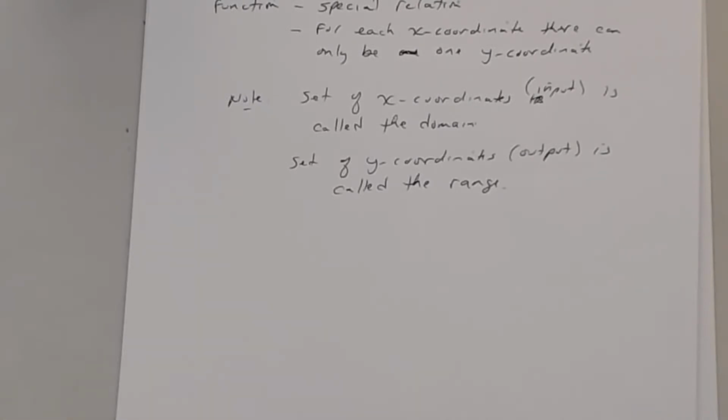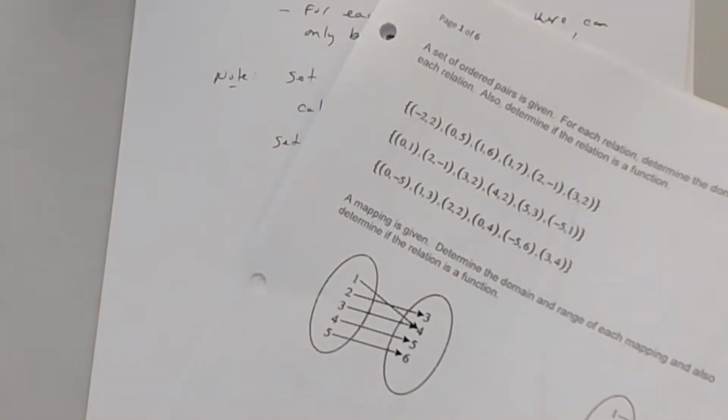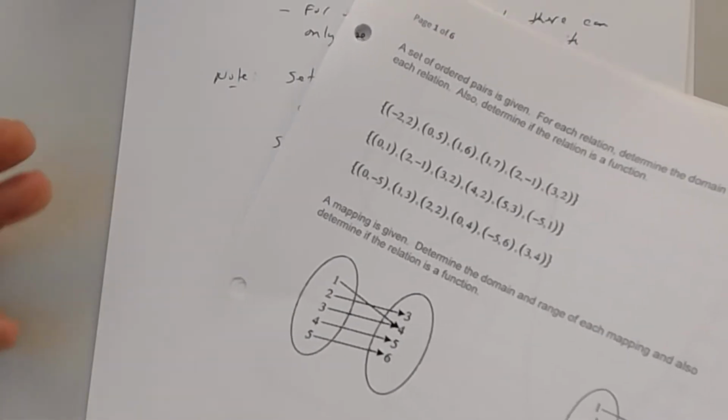All right? Okay. So look at page 1 that I gave you. Now, the direction says this. A set of ordered pairs is given. Now, for one thing, do y'all agree that everything on these pages, they're all relations, right? Okay, they're all relations. The thing is, though, not all of them are functions. But they're all what? Relations.